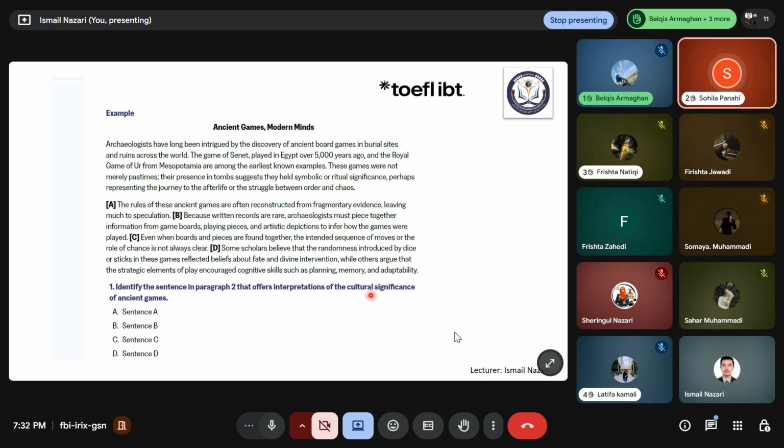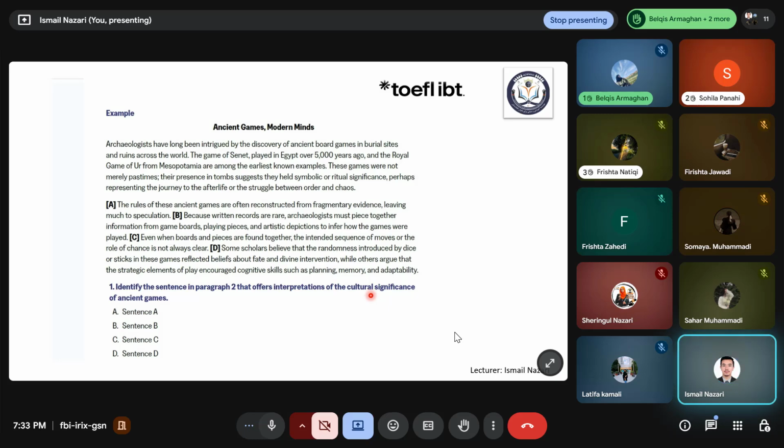C is talking about something else, and D is talking about the significance of ancient games. It's talking about ancient, and we have to find something special. As I think D is the correct one. Okay, thank you very much.